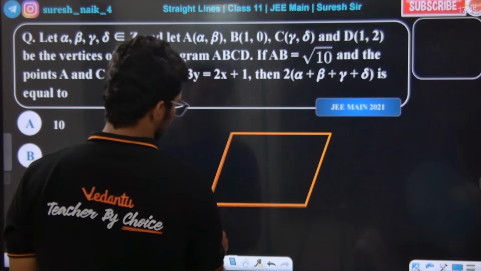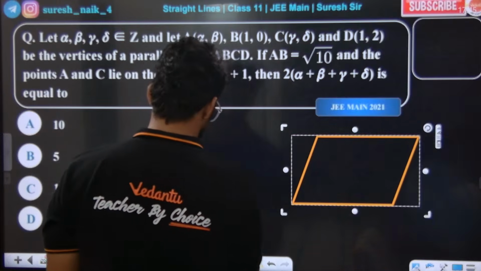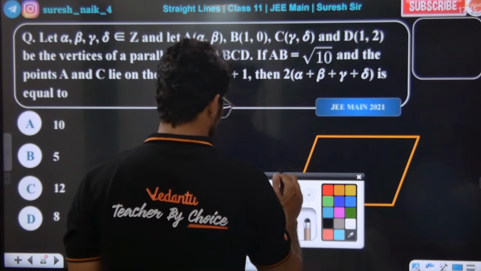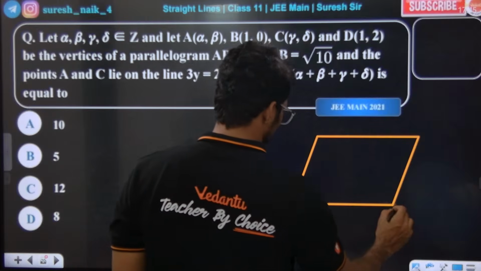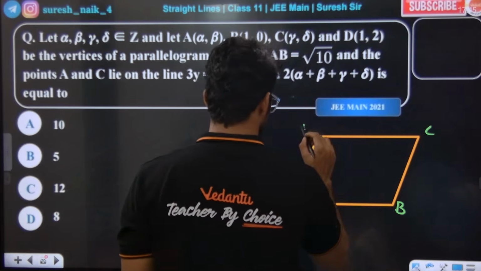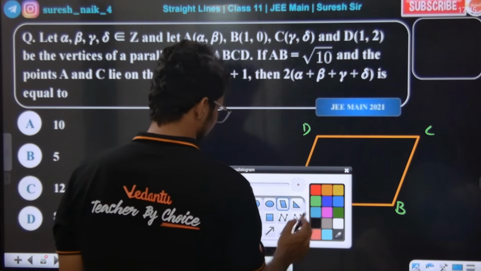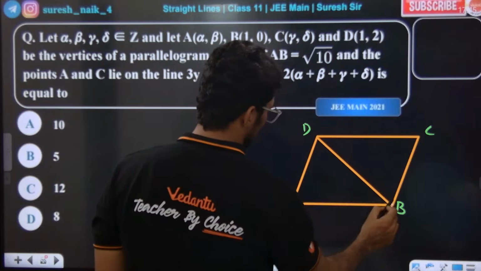This is a quadrilateral, right? This is a quadrilateral means what, sir? Firstly, say this is A, this is B, C, D. These are the diagonals.